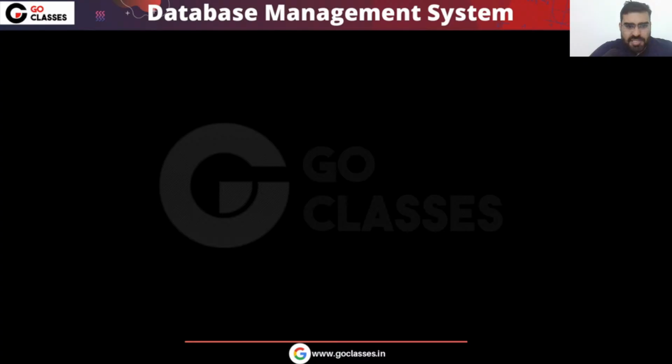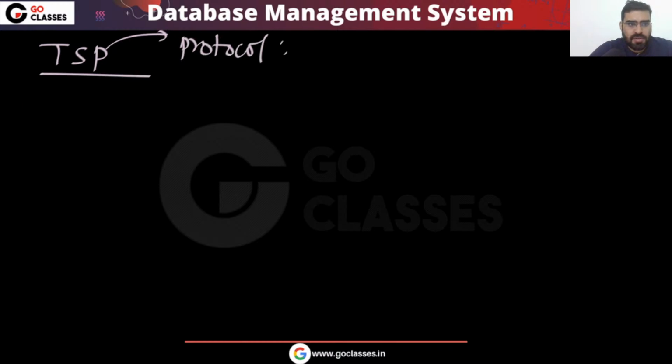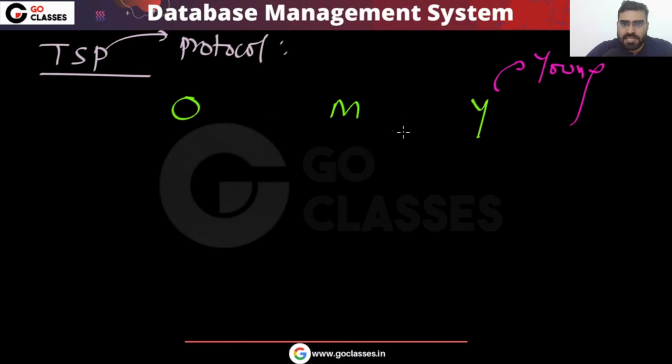Now what does this TSP, this protocol, say? This protocol says that if there is any conflict, see, this is old, this is middle, this is young. This young one came last, at time t equal to 2.